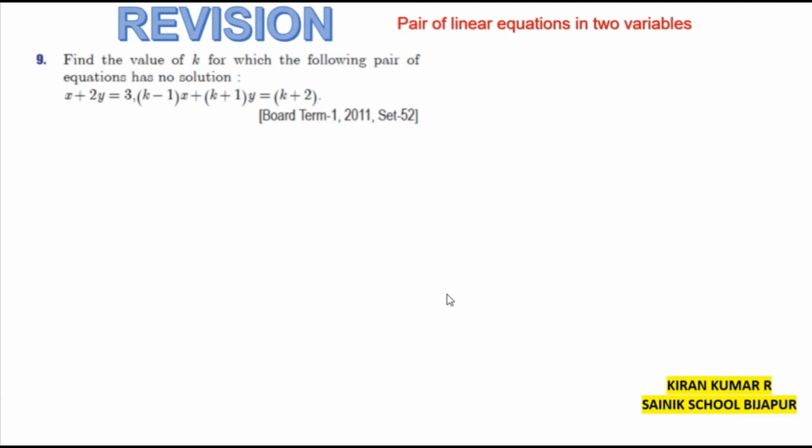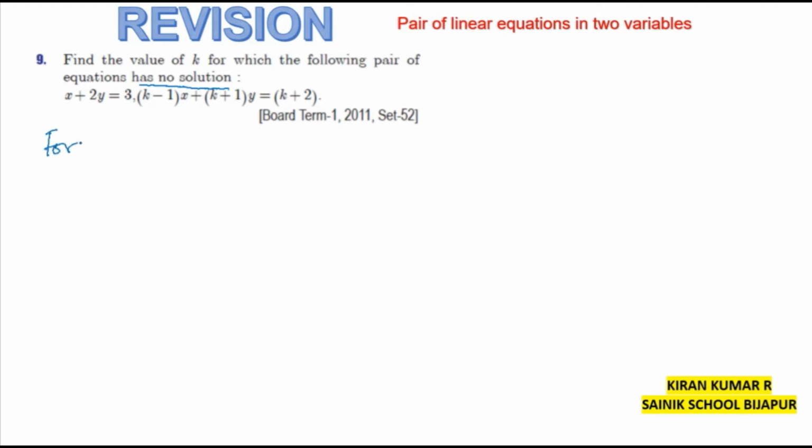It is also another important question. It was asked in the board examination. Here they have given that it has got no solution. The equations will be having no solution when they run parallel to each other.